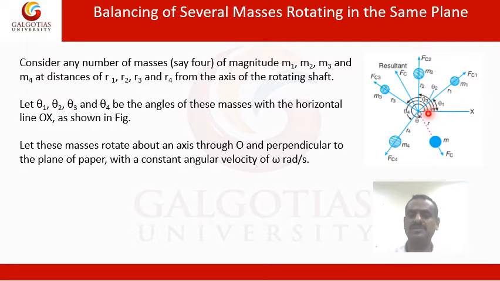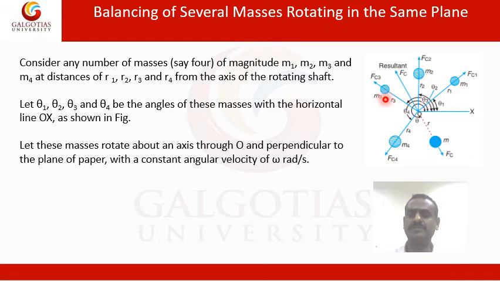The first mass is m1, which is at a distance of r1 from the axis of rotation. The position of the m1 mass is at theta 1 from the horizontal axis. Similarly, the second mass m2 is located at a distance r2 from the axis of rotation, and the angle between the m2 mass and the horizontal line OX is theta 2.